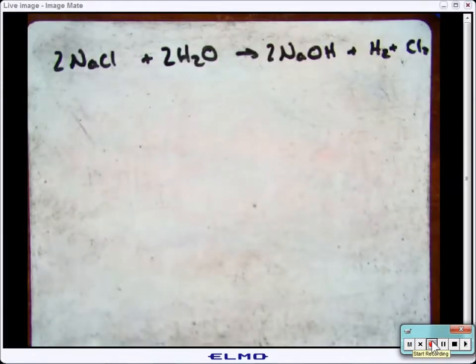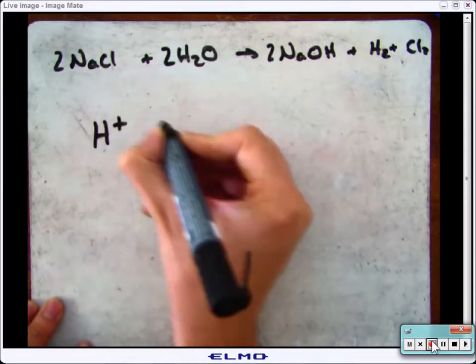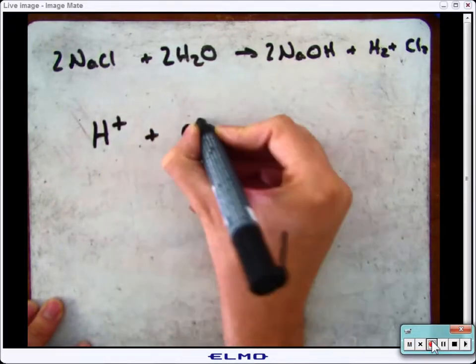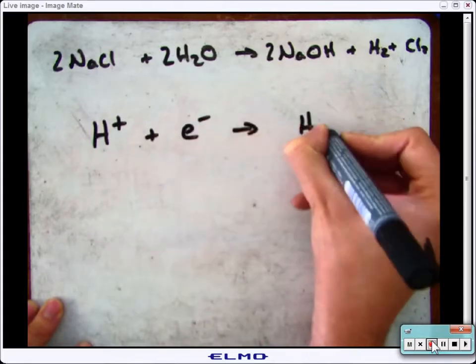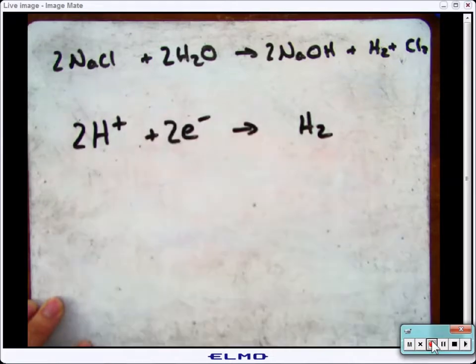So in this reaction here, if you wanted to write the half equations, what you'd do is have a look at what happens at both the cathode and the anode. So the cathode, if you remember, the hydrogen went there, so you started off with H+, you added an electron back, and it turned into hydrogen. Because hydrogen is diatomic, it goes around in pairs, so you need to balance it.